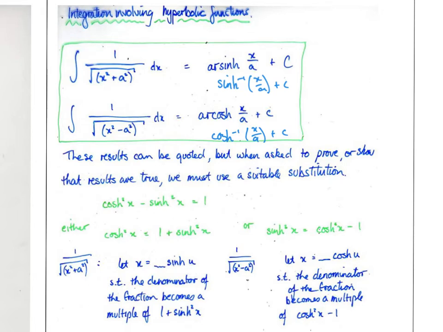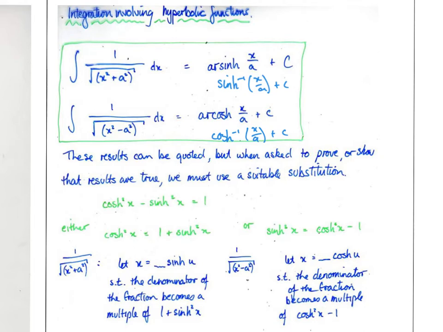And if we have something in the other format, which we know is going to be an inverse cosh answer, we let the first thing equal a times cosh u. Because when you put this in, you're going to get a multiple of 1 plus sine squared, and we'll see this when we go through these examples.